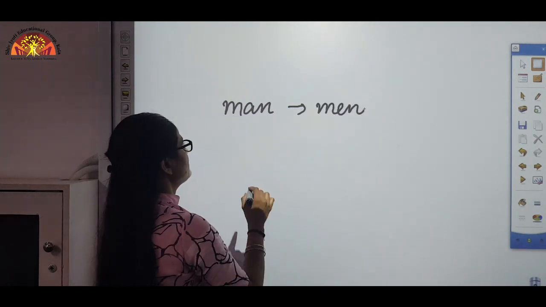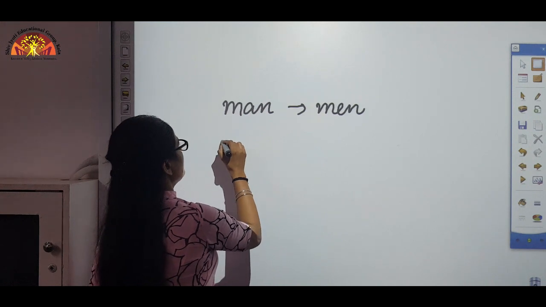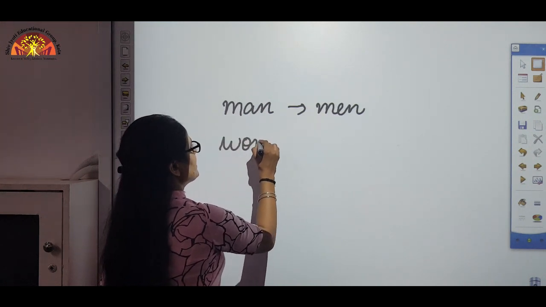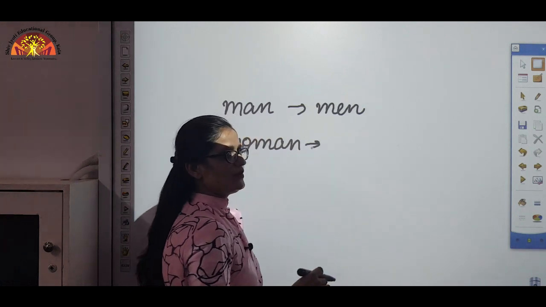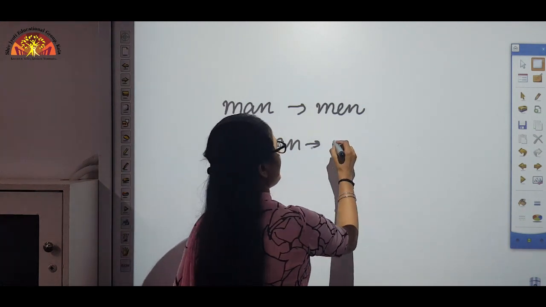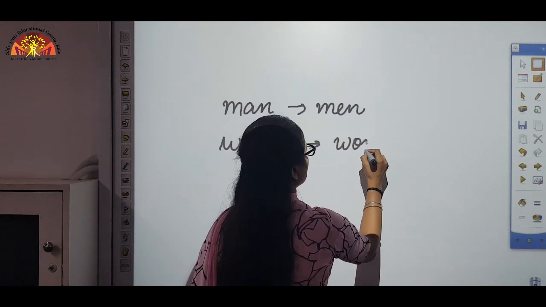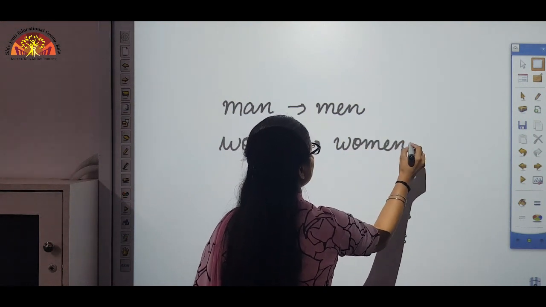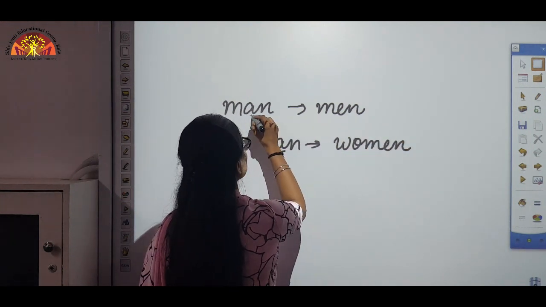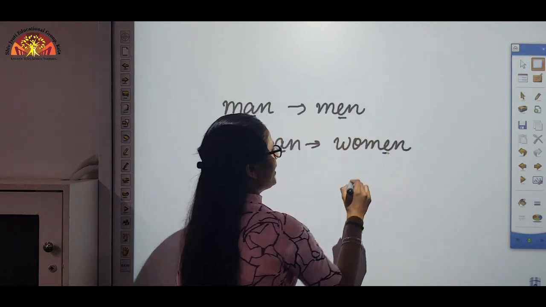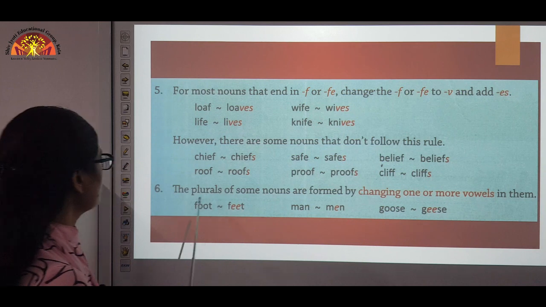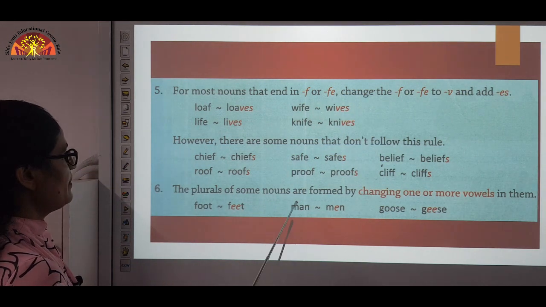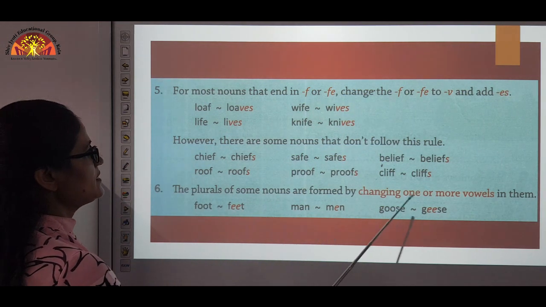Okay. If I am talking about a single lady, I will write woman, right? If I am talking about more than one, then I'll write women. So like this I have replaced a few vowels with E, right? You can see here in the book what is written: foot, feet, man, men, goose, geese.